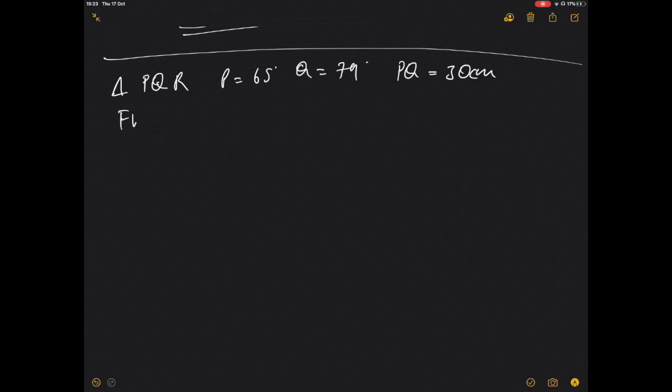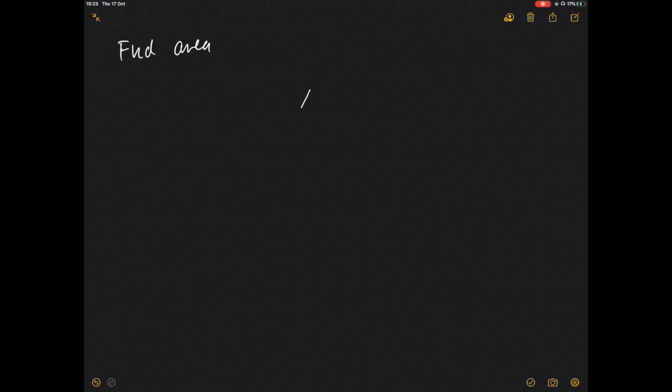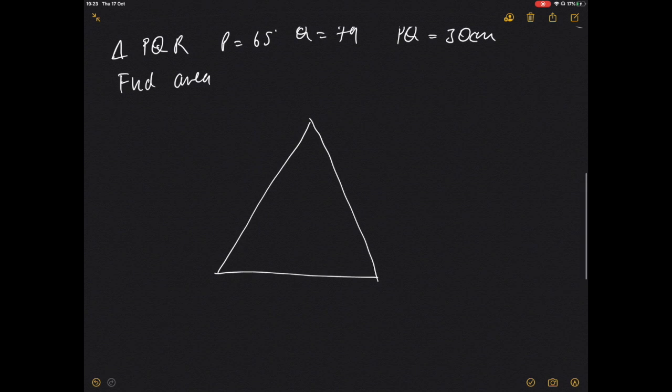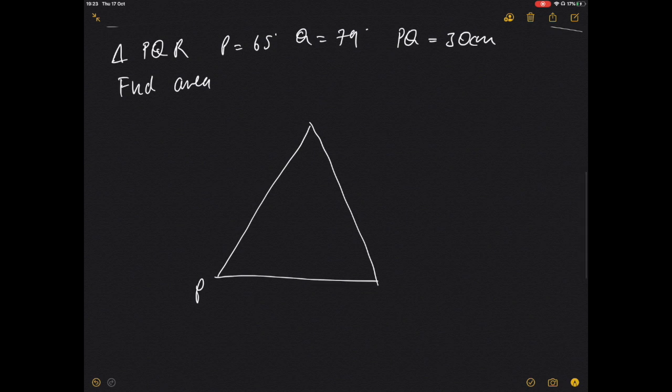Okay, so if we draw our triangle, it looks a little bit like this, and we put our sides on, P, Q, and R. We'll put our little r in. So P to Q, this will be our side r equals 30.